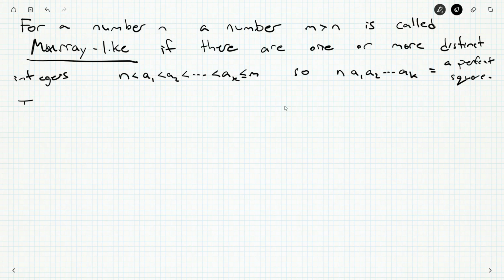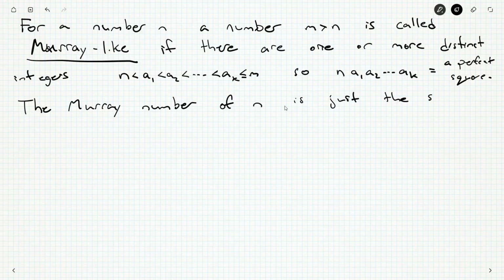Okay, so then I can make the observation: the Murray number of n is just the smallest Murray-like number.